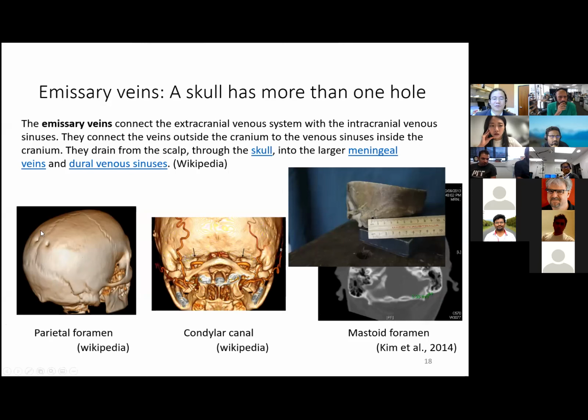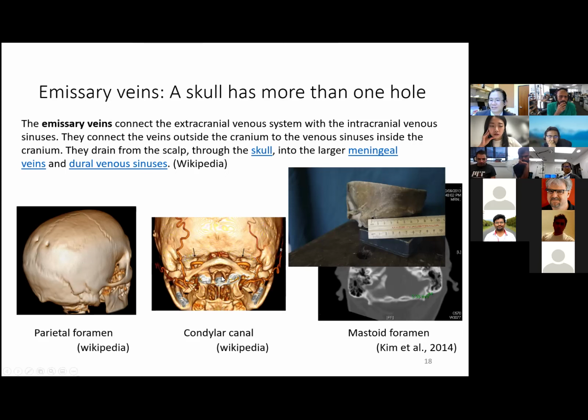I realized that this could be an issue simply because I was working with a radiologist, and I had a discussion with my colleague radiologist, and they said, "By the way, Makoto, have you thought of the blood vessels that goes into the skull?" And I was like, "What are you talking about?" And he said, "Well, sometimes there is a blood vessel going into the skull. So that means you have holes in the skull," which I have never heard of, but apparently Wikipedia says, yes, there are those holes.